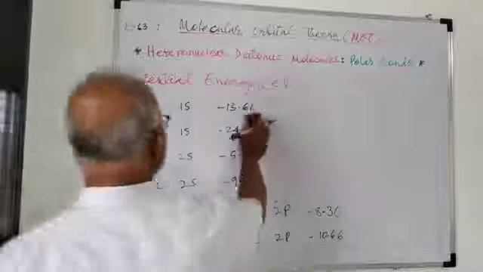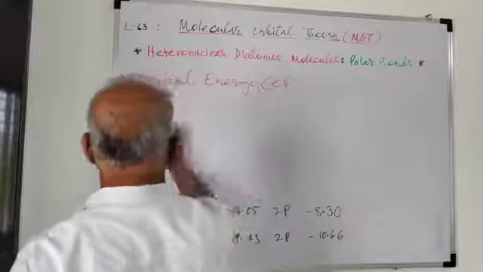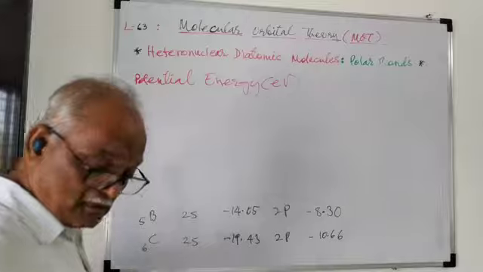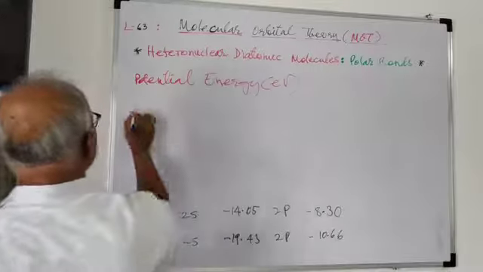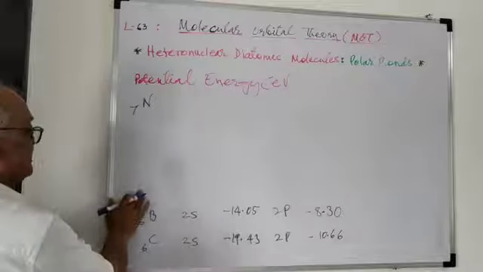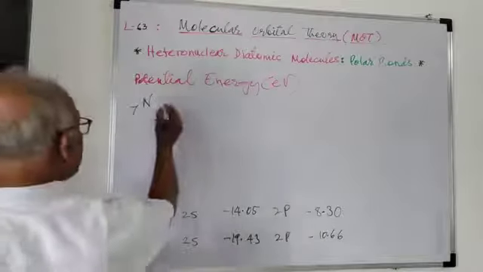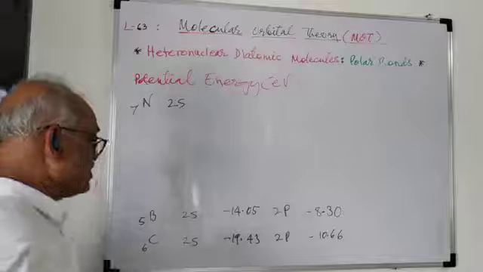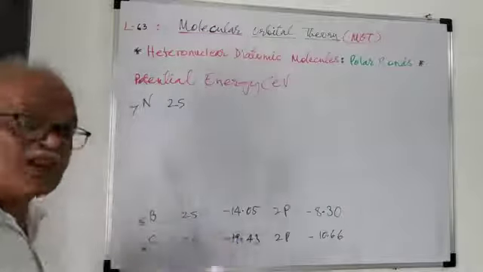Then again, if we go to the next element, that is 7 nitrogen with atomic number 7, that is nuclear charge 7. So here 2s is the same. So compared to this, the energy is also increasing.